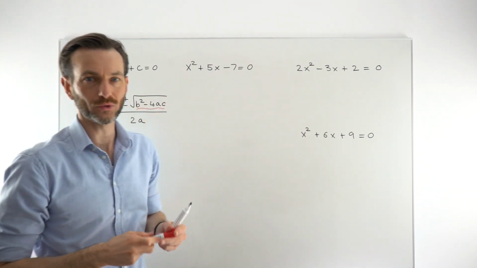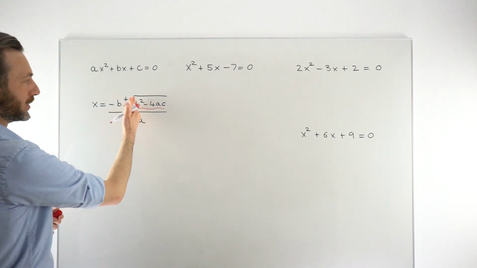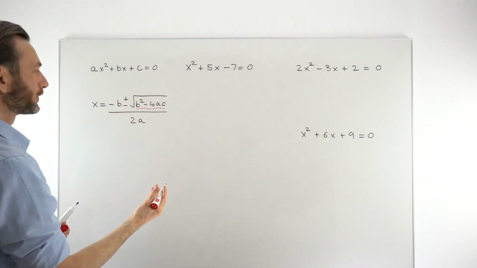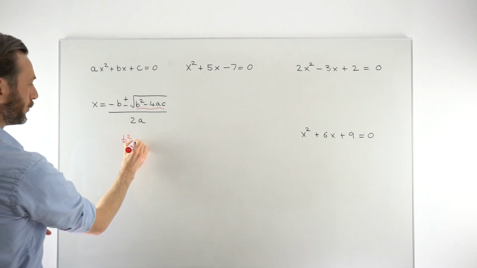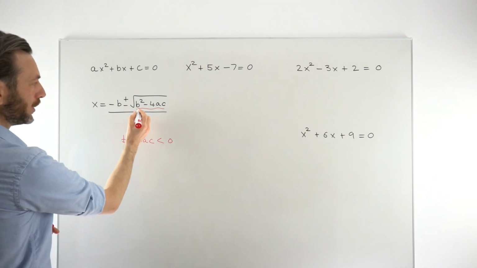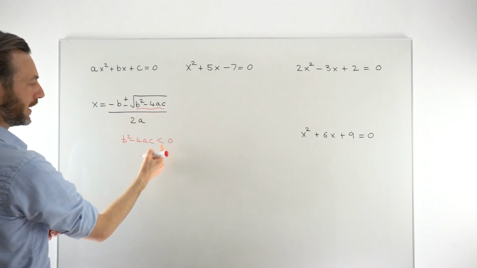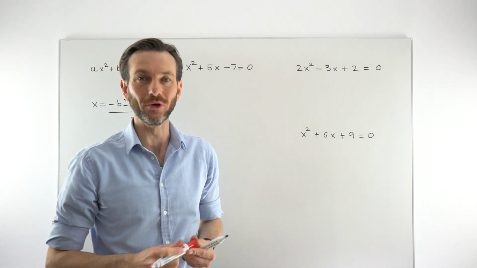The fact that it's under a square root puts certain conditions on it. We're not allowed to square root negative numbers, for example. That means that if your b squared minus 4ac comes out to be less than 0, so if you put in the numbers and it comes out negative, that's going to cause a problem because you can't square root a negative.